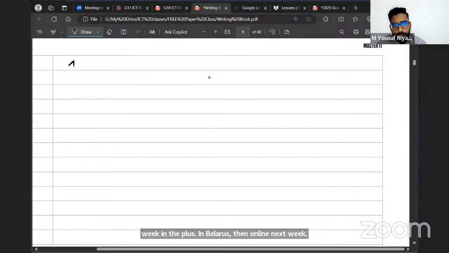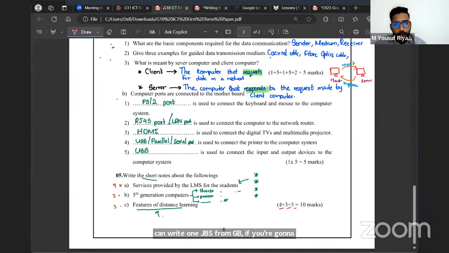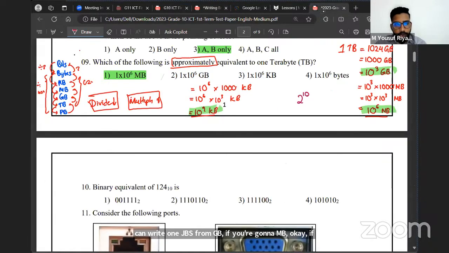So for example, if you're going from GB to MB, are you going up or are you going down? Because we're talking about approximation, you can ignore the 24 part. They're going up. So when we're going up, do we multiply or do we divide?